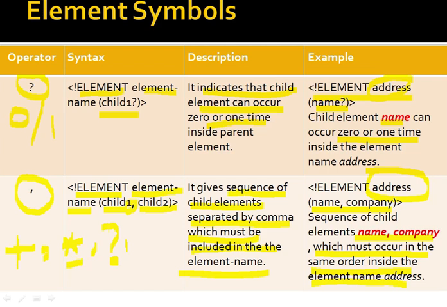Question mark means the element can occur 0 or 1 time. Comma means it should follow the sequence of children. So we can have these 4 symbols in the DTD elements.